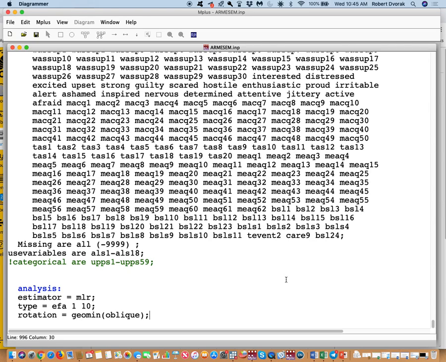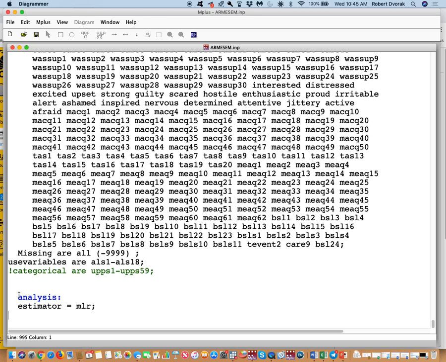Yeah. So, okay, let's start by figuring out our own model. Let's settle this the usual way. We have use variables of ALLS 1 through ALLS 18. That's fine. Analysis is estimator equals MLR. What's the next thing that we type? We're doing just a basic structural equation model now. We're going to set the factor structure of this.